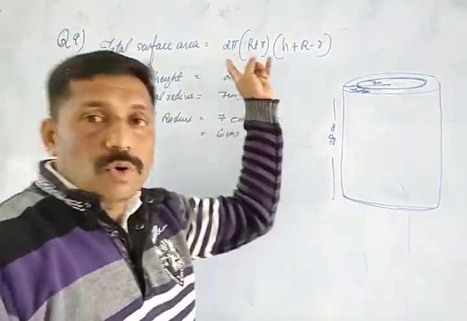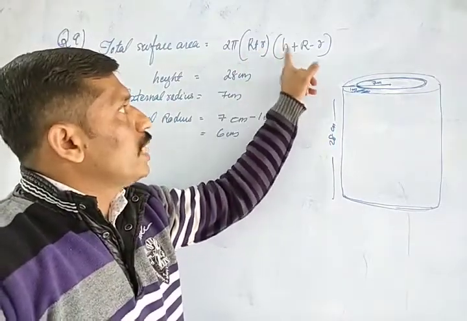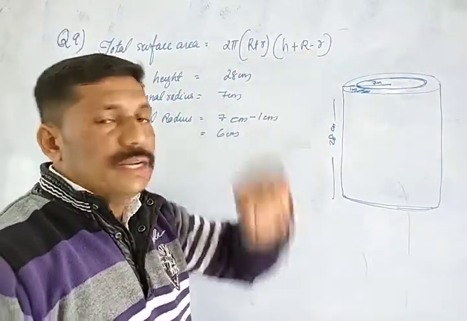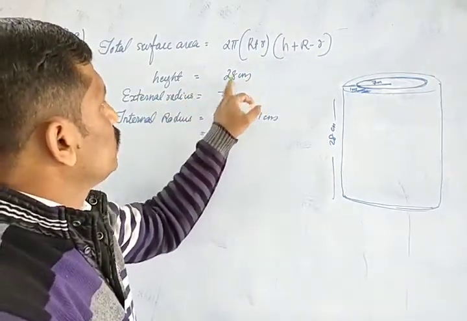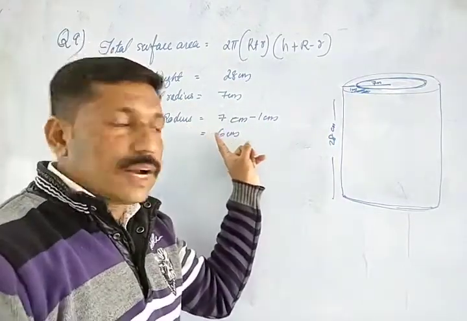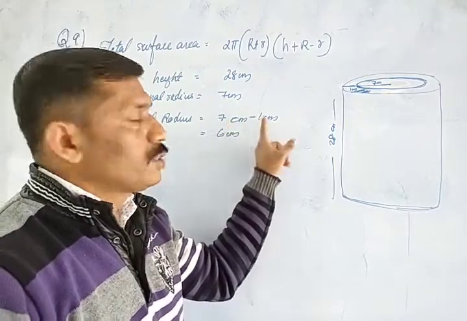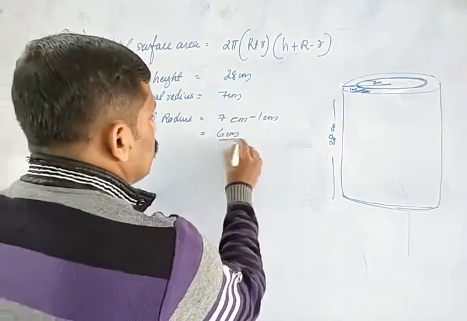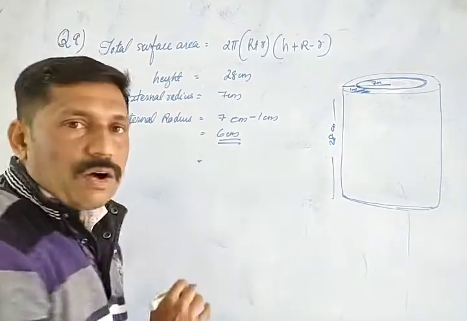Total surface area of the hollow cylinder is equal to 2 pi into big R plus small r into h plus big R minus small r. Here height h is 28 centimeter, external radius is 7 centimeter, that is given, and internal radius is 7 centimeter minus thickness. That means external radius minus thickness, then we get 6 centimeter. Now we can find out the total surface area of this cylinder.